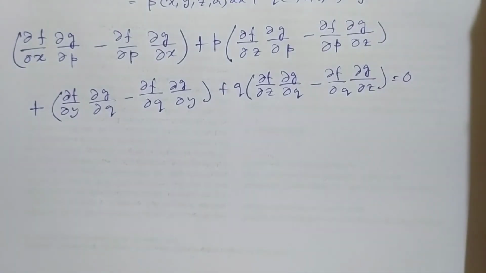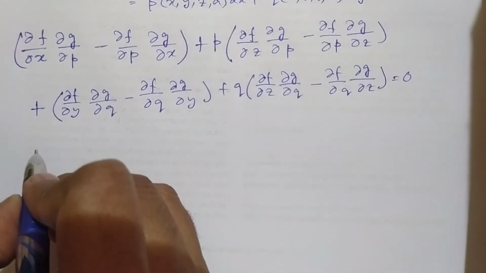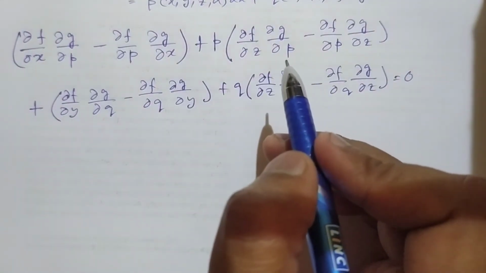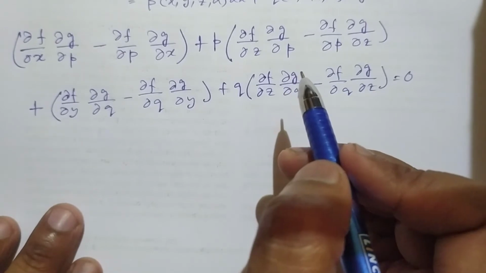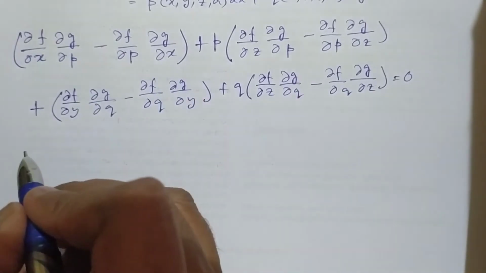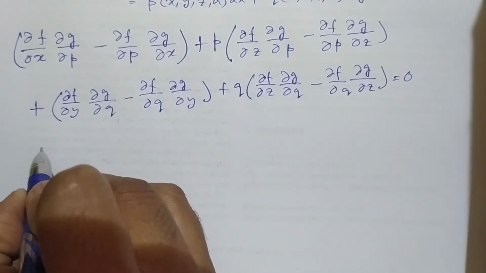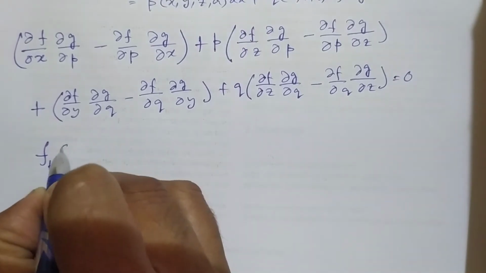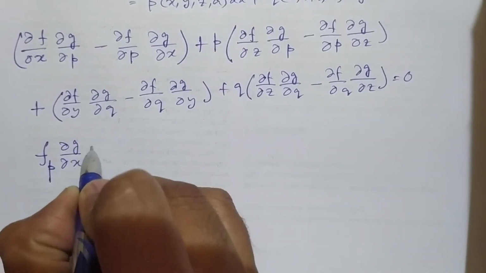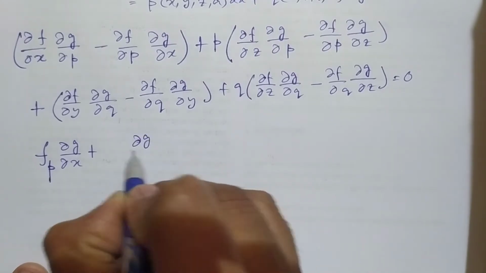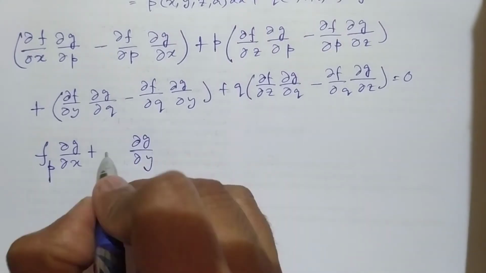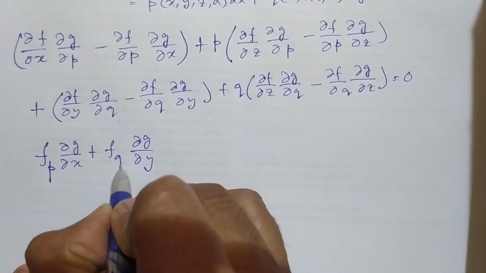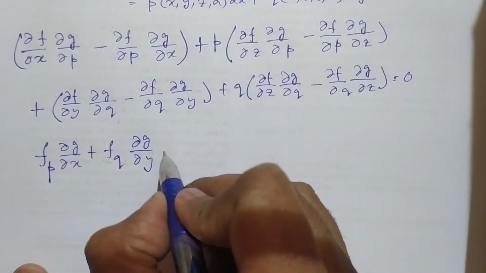Now what we will do is keep all the differentiations of f aside and write it like this. There is a del g del x, so we write f p del g del x first. Then del g del y, which is coefficiented with f q.